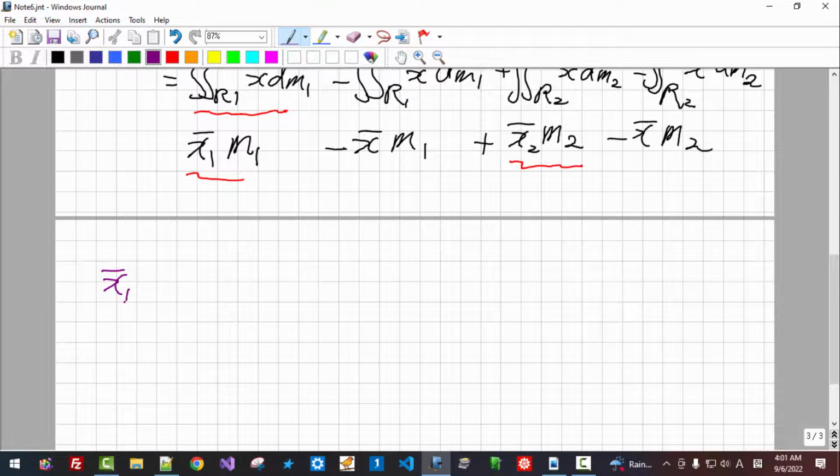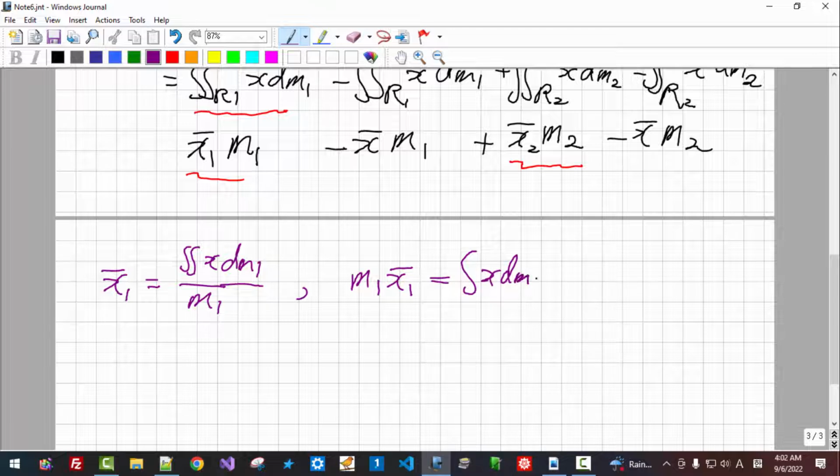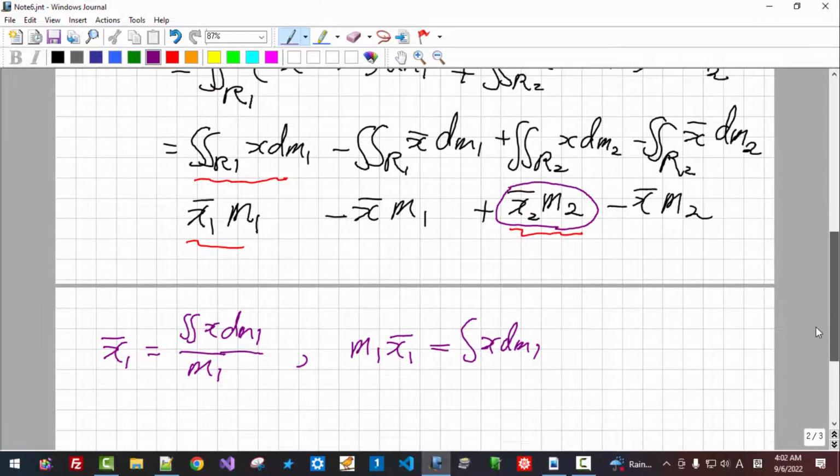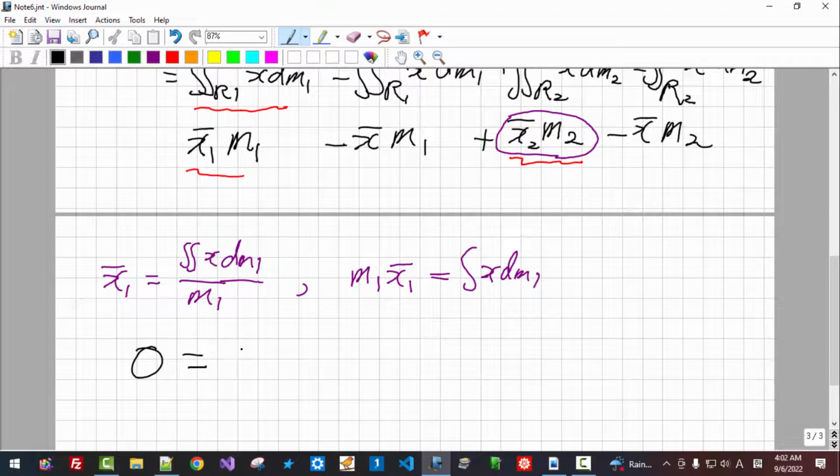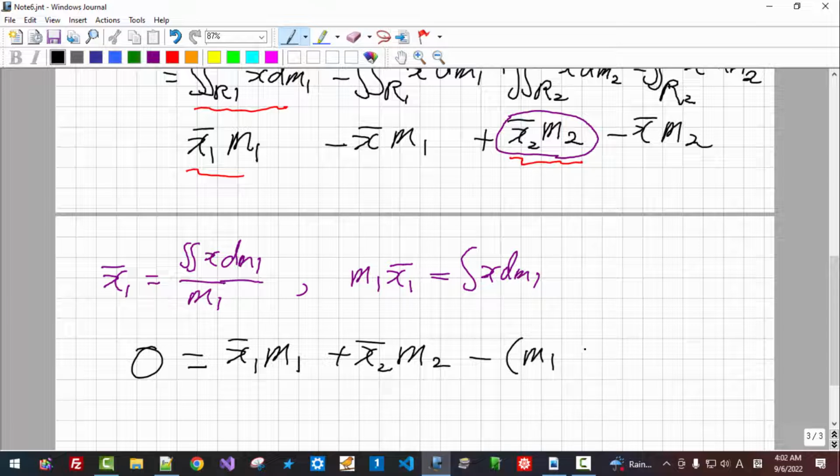X1 bar is the center of mass of M1. So the integral of x dm1 over M1 is x1 bar m1. In the same manner, this is also true. So 0 equals x1 bar m1 plus x2 bar m2 minus this term, m1 plus m2 x bar, this term and this term.